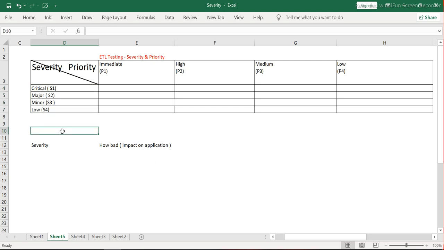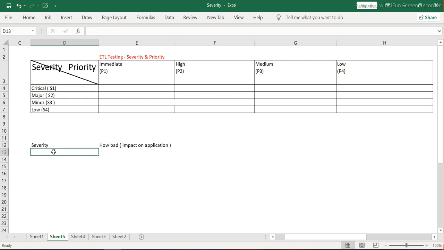In shortcut, we also say S1, S2, S3, S4. Most companies will say that S1 is critical, and as we go S2, S3, S4, the severity becomes lower and lower. So for now, understand this is the impact on the application, or how bad this bug is, that is severity, right?